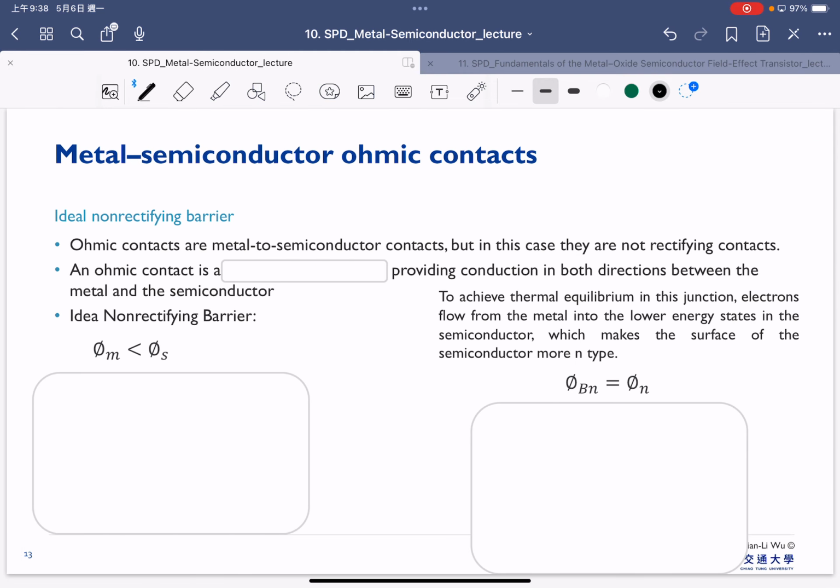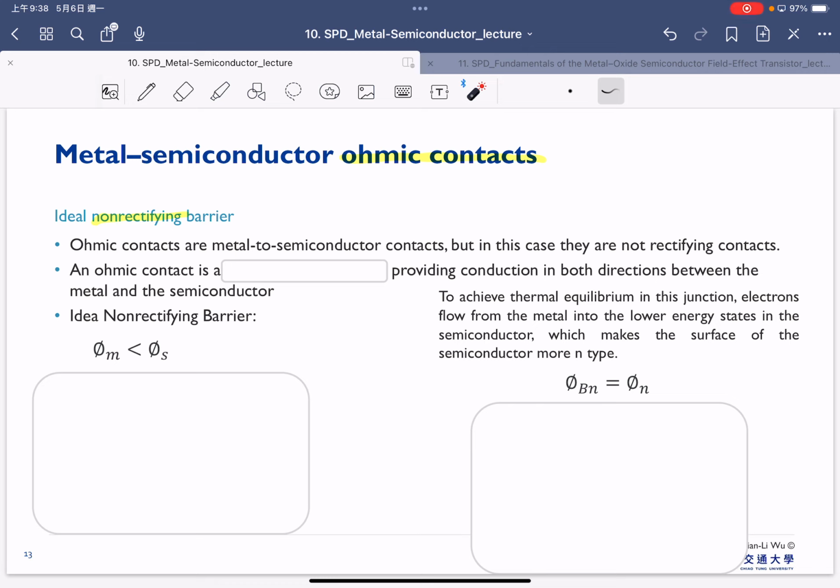Now we'll move to another type of contact, which we usually call the ohmic contact. The ohmic contact is a non-rectifying barrier. Ohmic contacts are metal semiconductor contacts that are not rectifying anymore. That means whatever voltage you apply, there will always be a linear correlation between your voltage and the current.